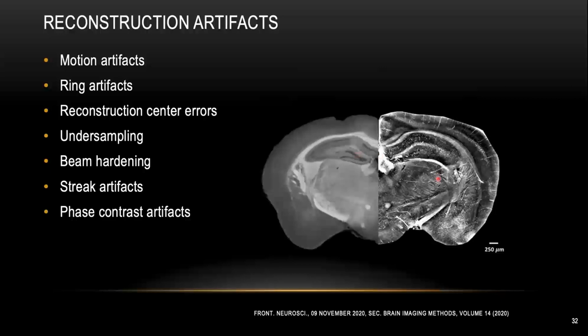And on the right here is using phase contrast imaging. Now you can see with the phase contrast enhancement, we can see those tiny details inside the brain here. But if you look at the outer ring of the brain here, you can see that it's a little bit brighter. That might be due to the phase contrast artifact. It might not be real in your sample. It might just be the phase contrast artifact, which you can correct later.